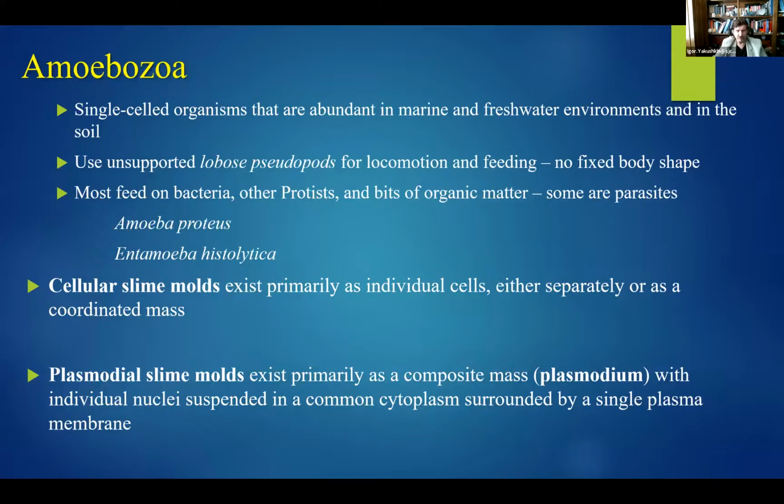Now, amoebozoids, amoeba-like creatures, are using pseudopods. Amoeba proteus is one of the common protists you can find pretty much in a drop of pond water. Entamoeba histolytica is the parasite, which also can be found in the water. And if you, by any chance, drink the cysts of that amoeba, it goes into the digestive system and creates a huge problem.